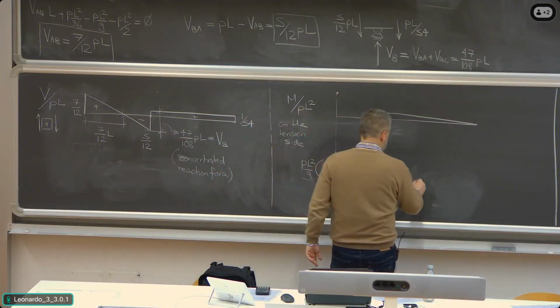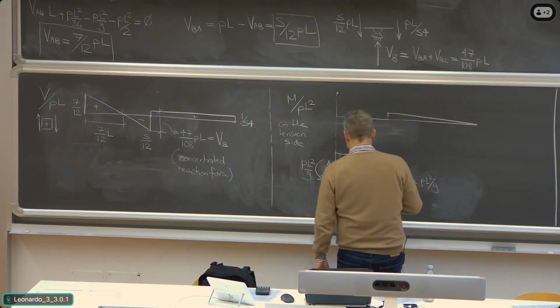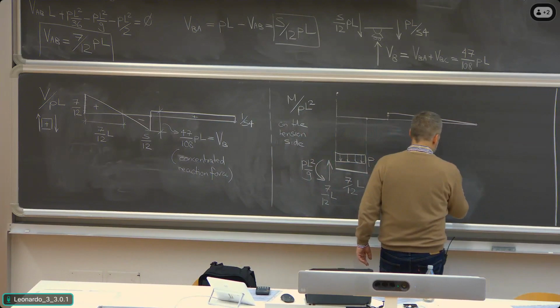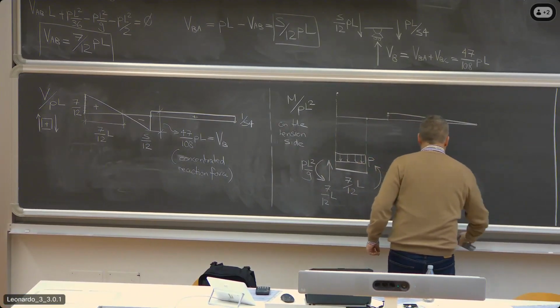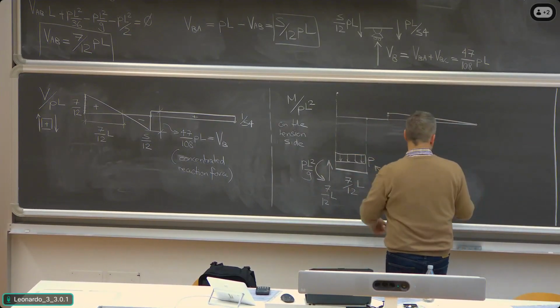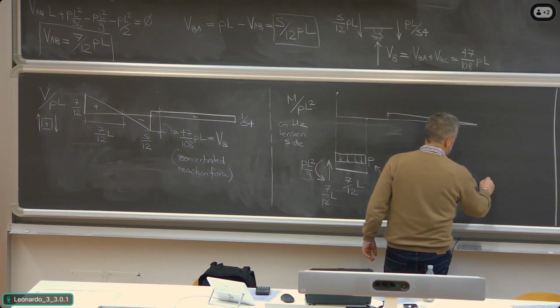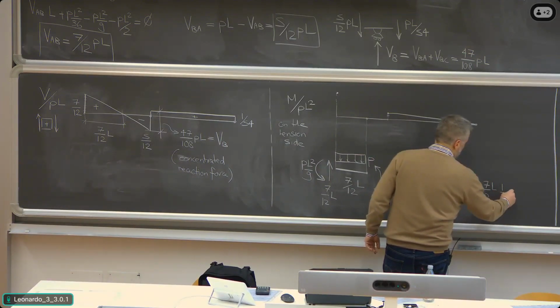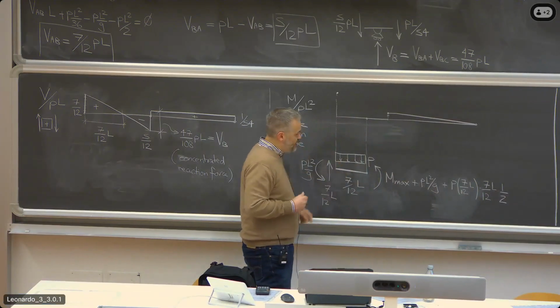M max plus PL squared divided by 9 plus PL squared divided by 2, which is the contribution of the distributed load: P times 7 divided by 12L, which is the resultant, multiplied by 7 divided by 12L, multiplied by 1 divided by 2, which is the lever arm.